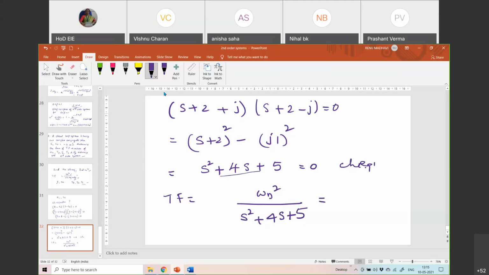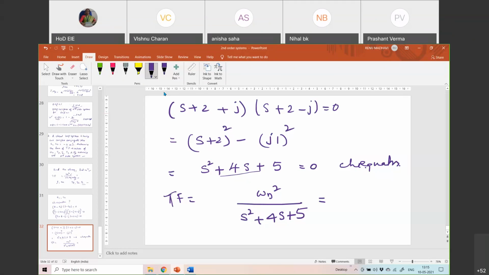Once you have it, you have to obtain the transfer function, and only then can you find Tp, Tr, etc. We know the transfer function is of the form omega n square by s square plus 2 zeta omega n s plus omega n square. This is the characteristic equation of the given system. But what must be written here for the given system? What is omega n square?